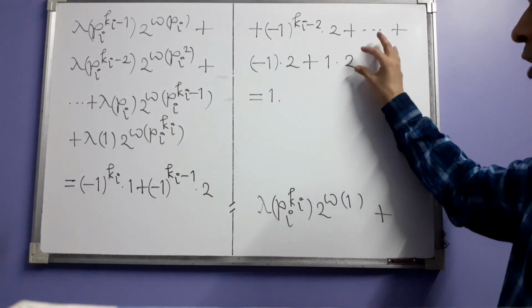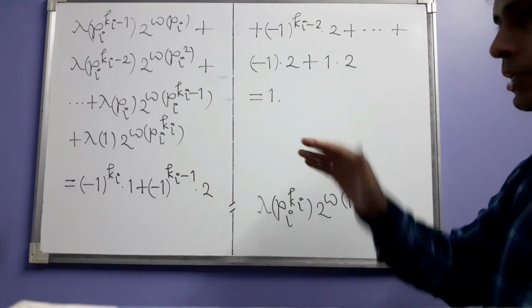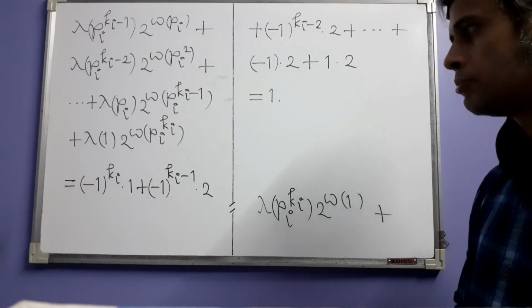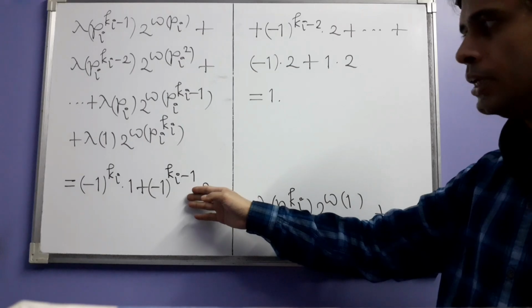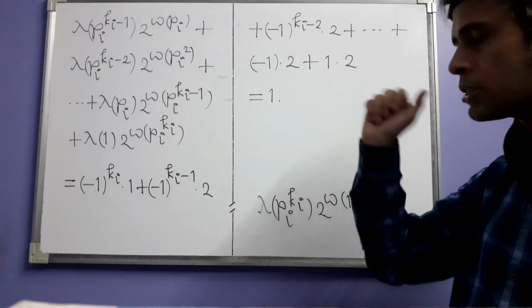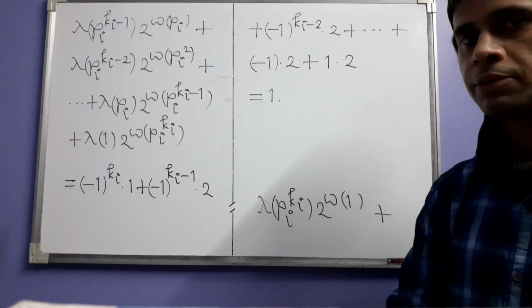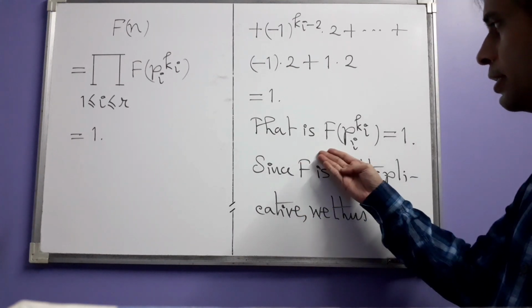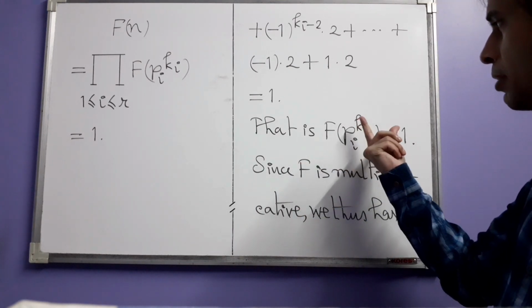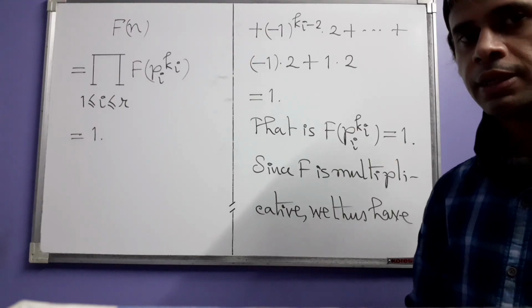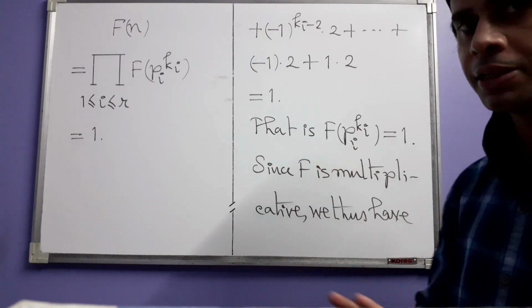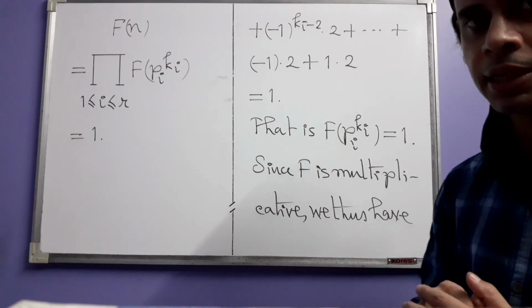And now here is a task for you. You have to now convince yourself, you think about it, that this is always going to be equal to 1. This I won't do. So we note this fact, that is f of pi to the power ki is equal to 1. And now finally we realize why the multiplicative nature of f helps us.